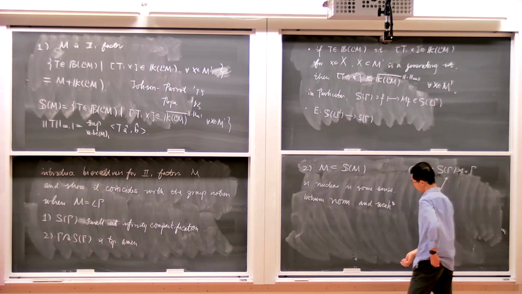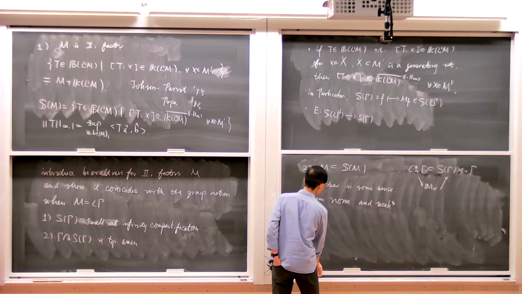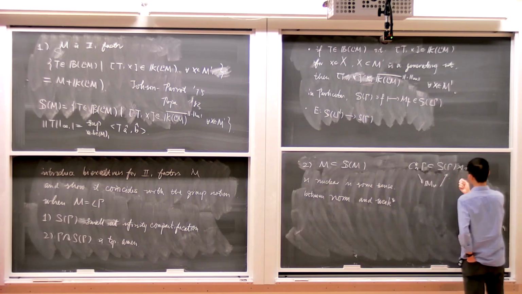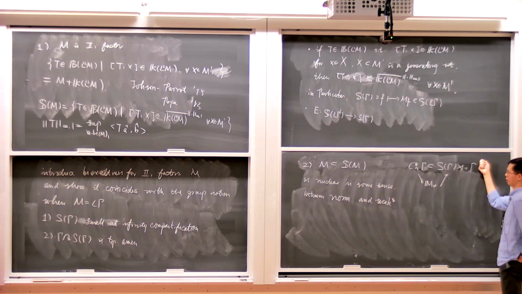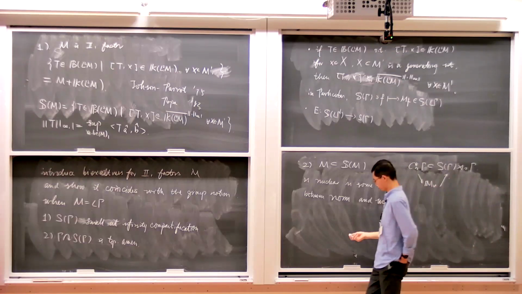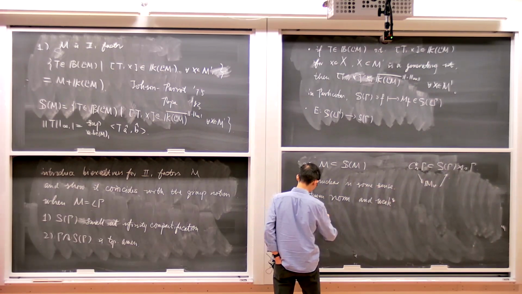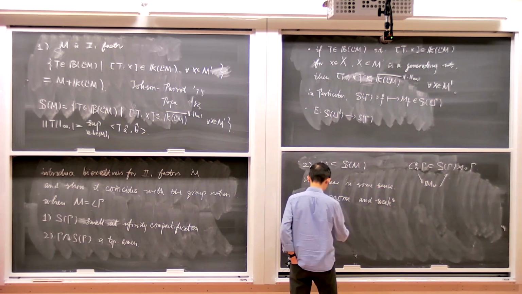So what we're going to look at is the following space of functionals, because the norm nuclearity can be characterized by looking at all the functionals on this C-star algebra. So we can look at the following space here.